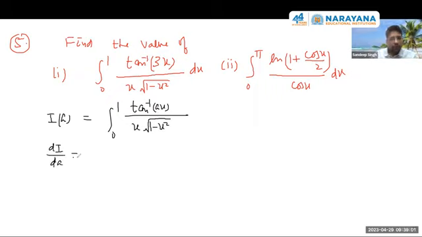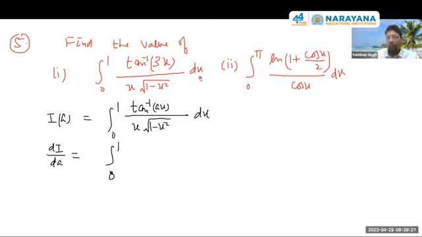Everybody knows this, right? Since this is a parameter dependent on a, and the limits are independent of that variable, I can take the derivative operator inside the integrand. So this becomes the integral from 0 to 1 of the derivative of this with respect to a, keeping x as a constant.